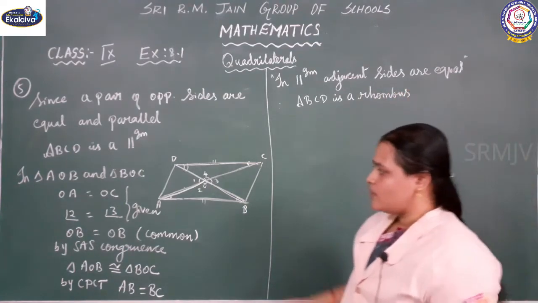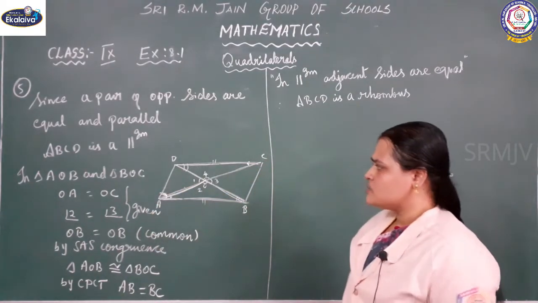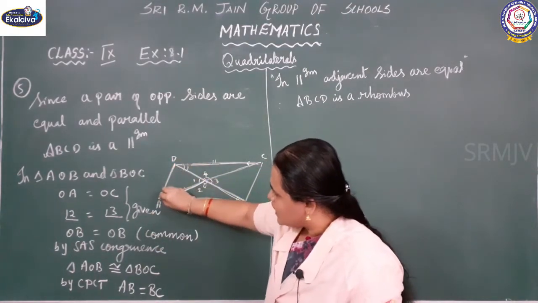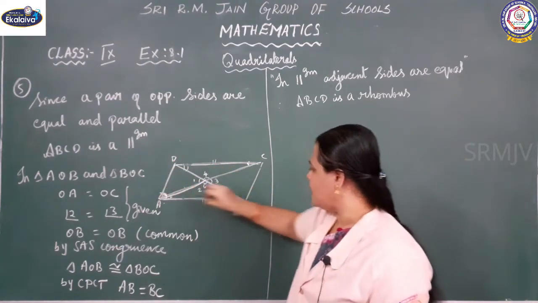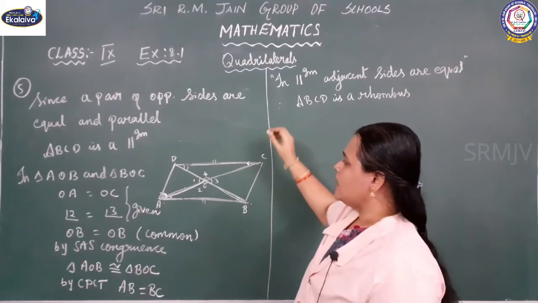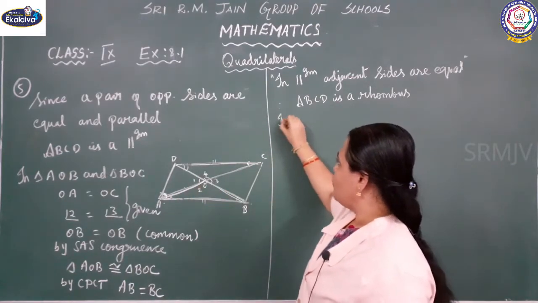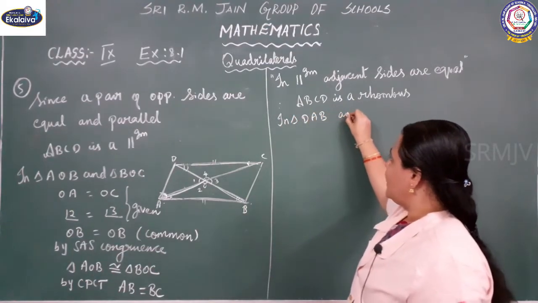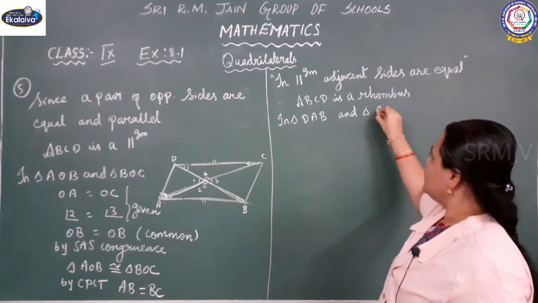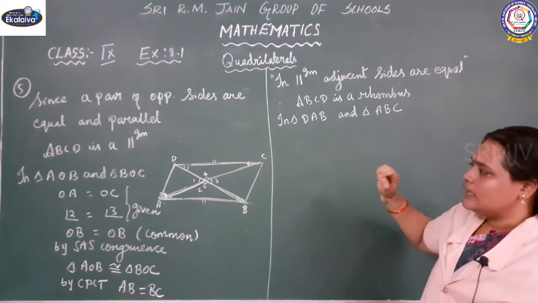When will a rhombus become a square? A rhombus will become a square if any one of the angles is 90 degree. So take the triangles DAB and ABC to prove that these two angles are equal, and then we will prove it as 90 degree. Now in triangle DAB and triangle ABC, look into the diagram and tell what are all equal.